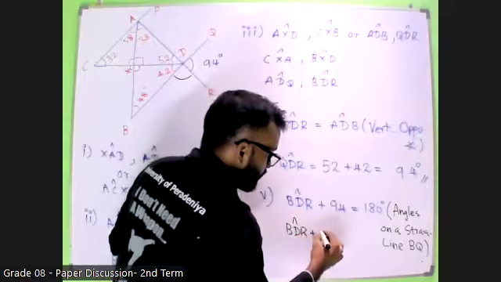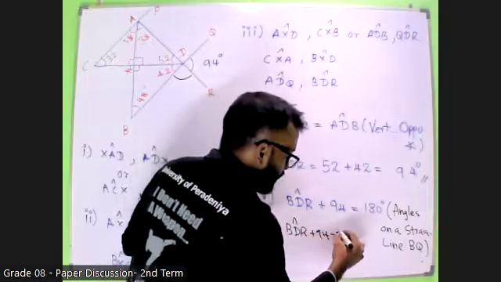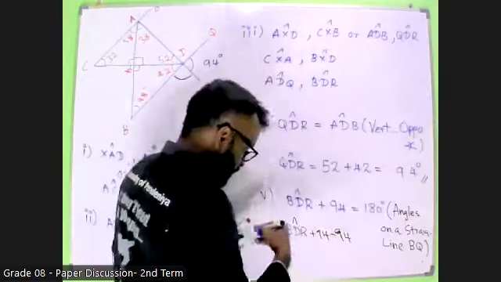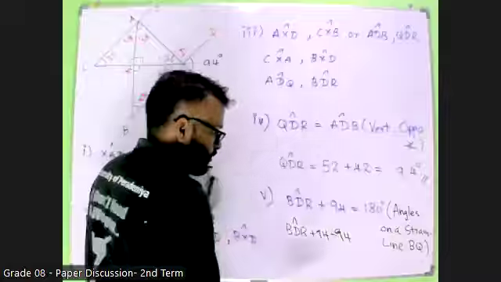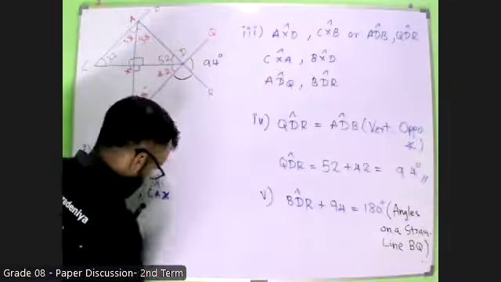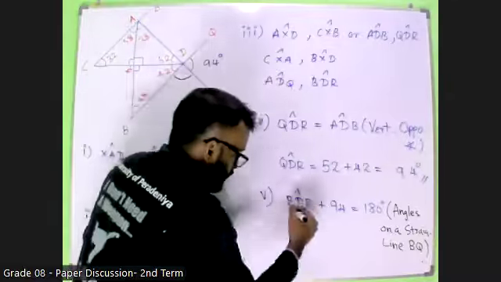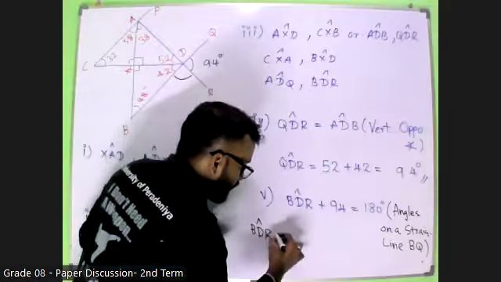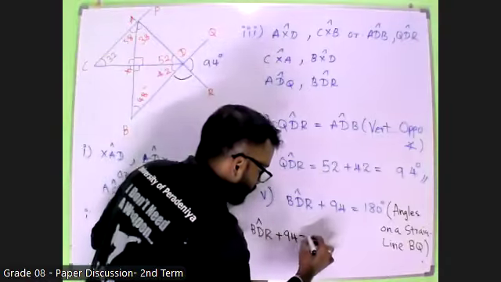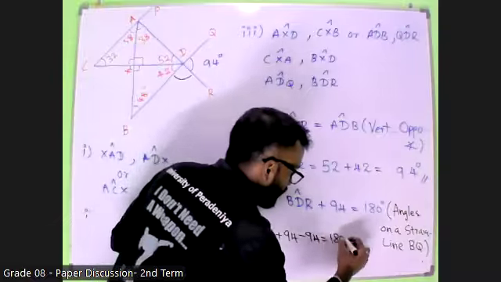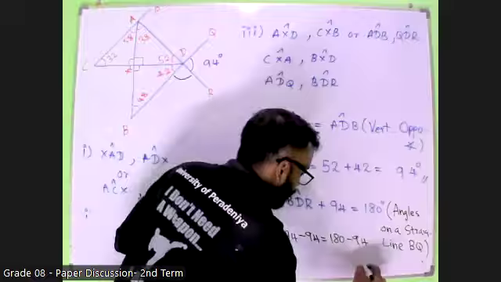So let's do BDR angle plus 94 minus 94 equals 180 minus 94.